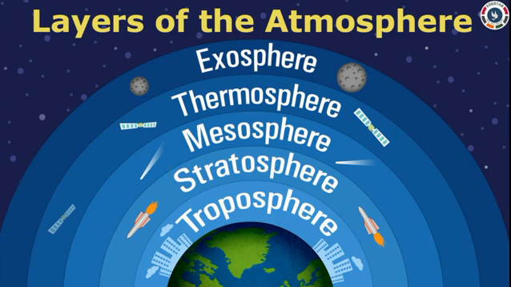Students, ionosphere includes the mesosphere, thermosphere and some part of the exosphere. Here some area of mesosphere, thermosphere and exosphere are combinedly named as ionosphere. Is it clear, children? Okay dears, we can see the layers of the atmosphere one by one now.